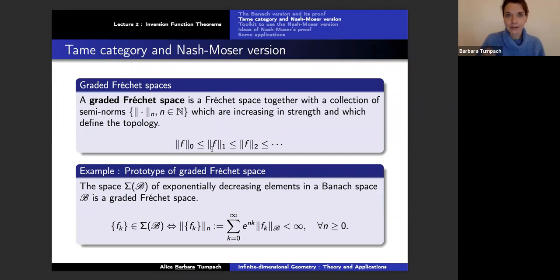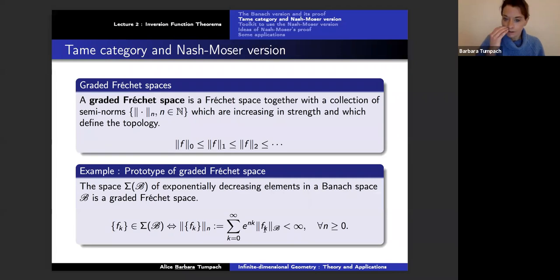The prototype, and this is very important for the proof, since the proof of the Nash-Moser theorem will be in this particular Fréchet space, is the Fréchet space of exponentially decreasing elements in a Banach space B. We denote it by sigma B. B is a Banach space, and sigma B is exactly an example of a graded Fréchet space, for the norms which are given here, a sum with some exponential of some arguments.